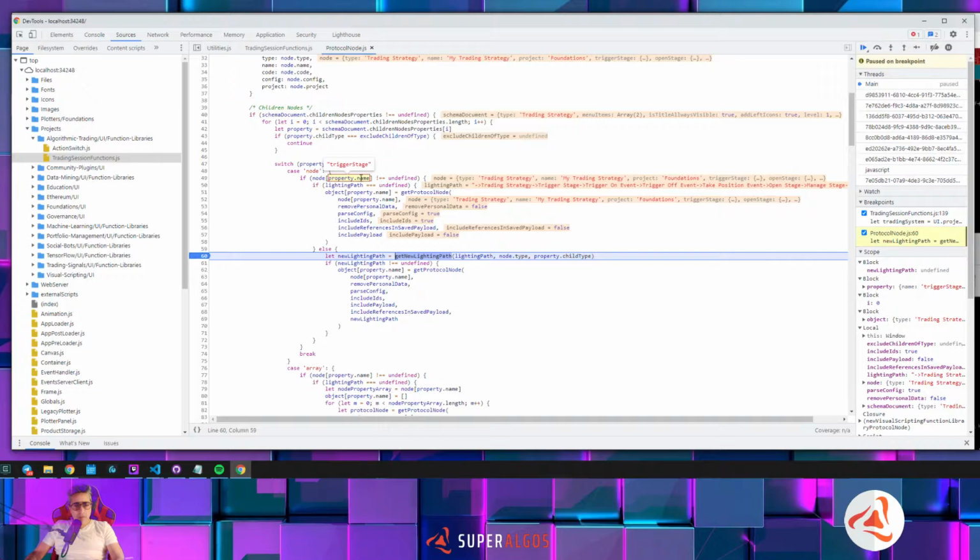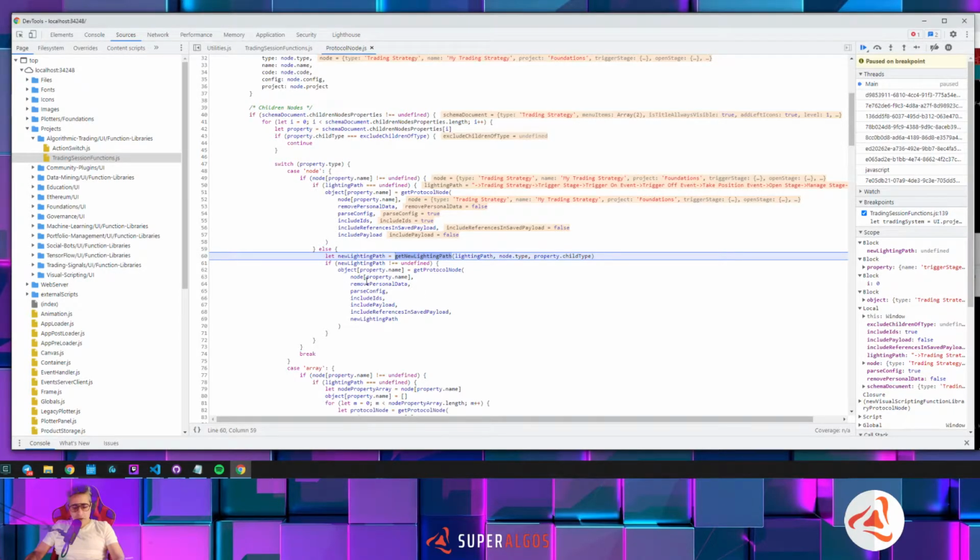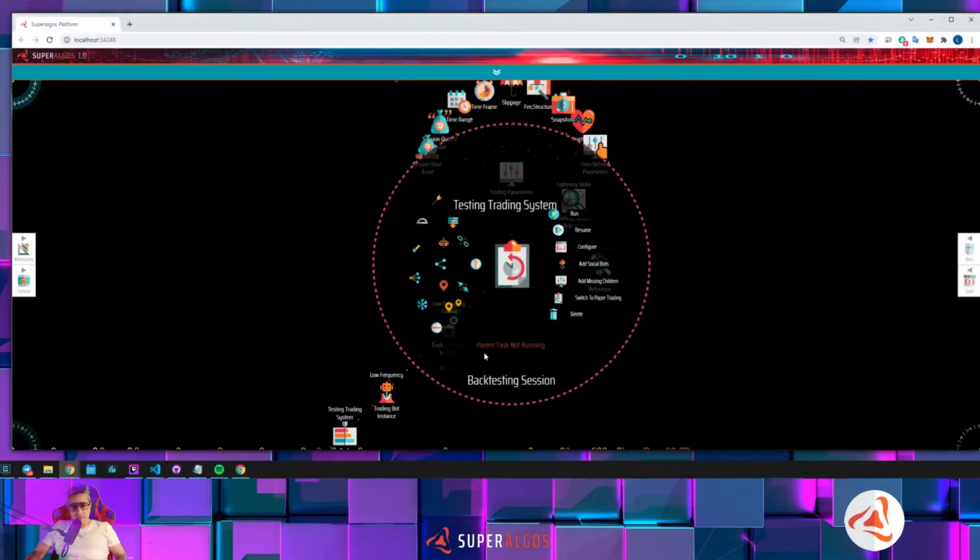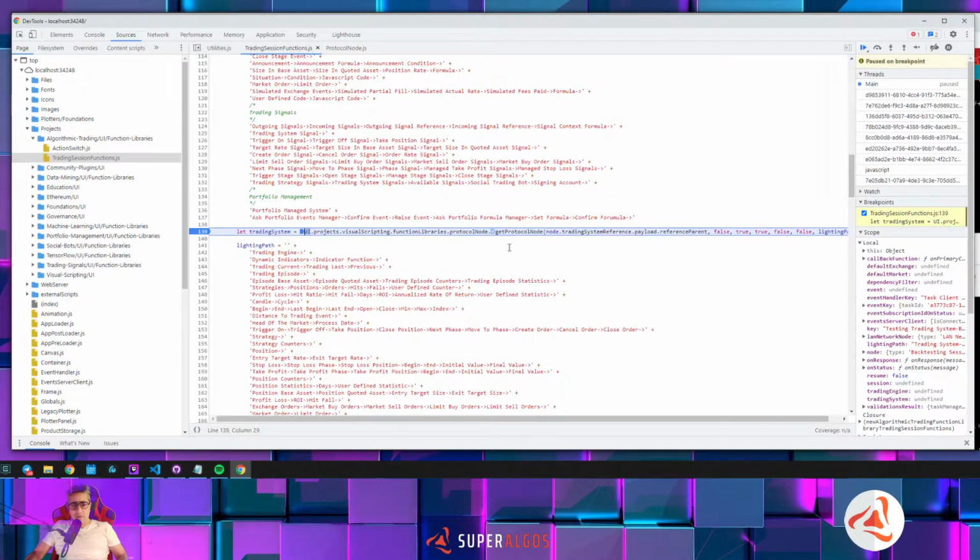Property name. No, it went ahead. So go and run it again.